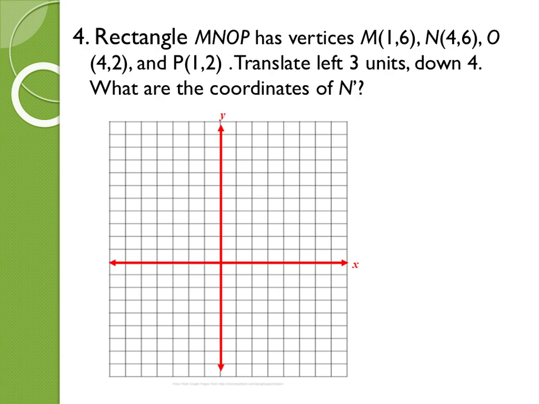Number 4. Rectangle MNOP has vertices M (1, 6), N (4, 6), O (4, 2), P (1, 2). Translate left 3 units, down 4. What are the coordinates of N prime? So I'm going to go ahead and make my rectangle MNOP. 1, 6: 1, 2, 3, 4, 5, 6.